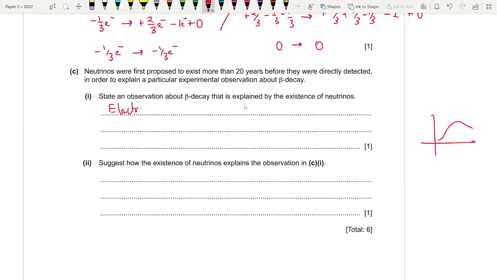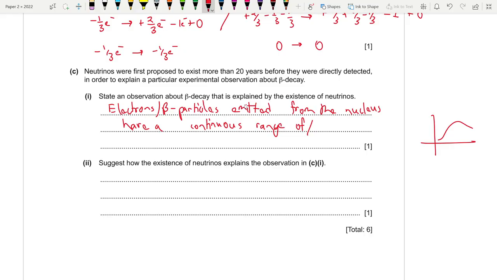So basically, the electrons or the beta particles emitted from the nucleus have a continuous range of, or different kinetic energies. Essentially, it's never the same. Why though?